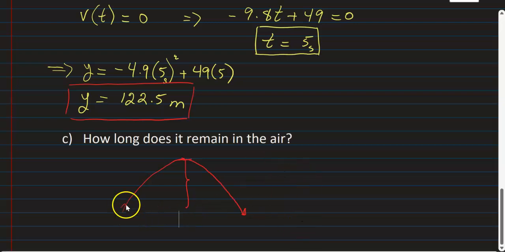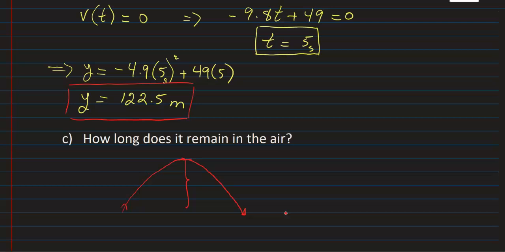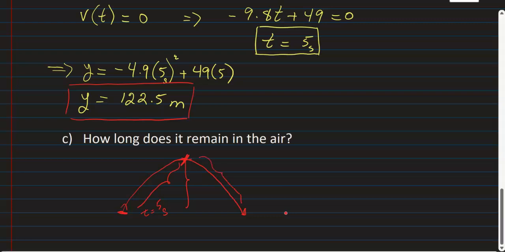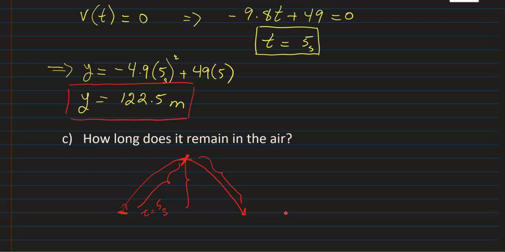It stands to reason that it comes down at the same rate in terms of time, because the parabola is symmetric.